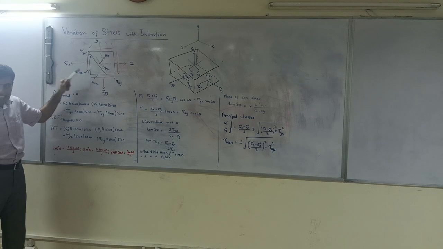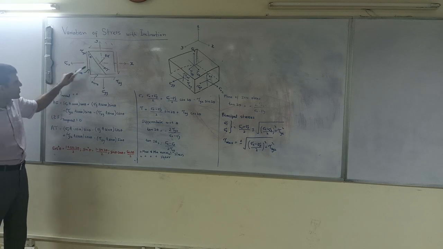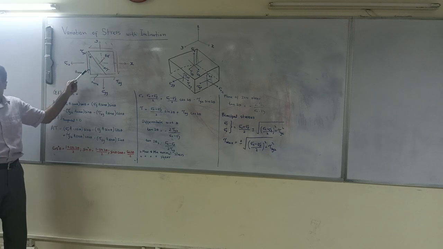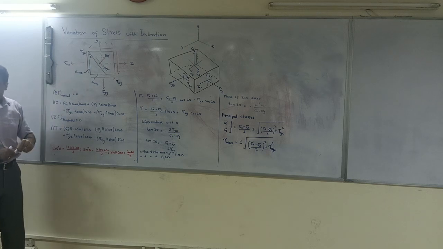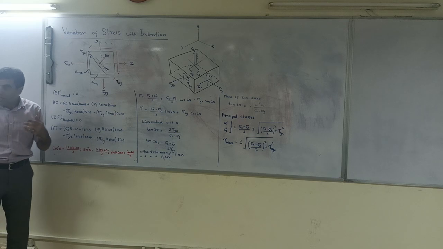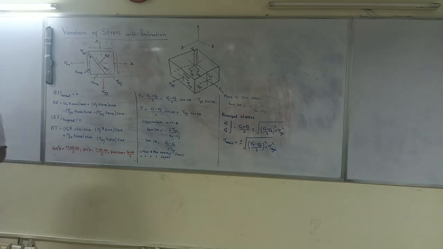We have to take the component of these stresses along this plane. That's all we have to do, remembering that this is an equilibrium state, so the summation of forces must be equal to 0.